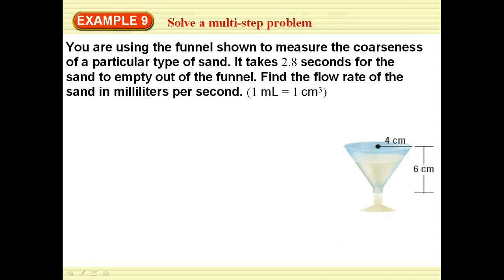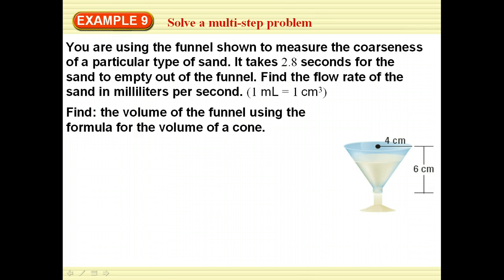Here we have a funnel shown to measure the flow rate of a particular type of sand. It takes 2.8 seconds for the sand to empty out of the funnel. Find the flow rate of the sand in milliliters per second. Well, what we need to do is find the volume of that. So I'll find the volume of the funnel by doing 1/3 pi r squared h. Simply plugging in the numbers, it's 101 centimeters cubed.